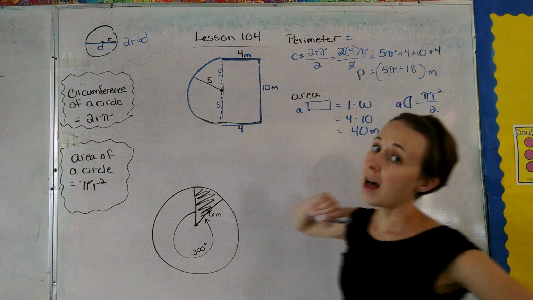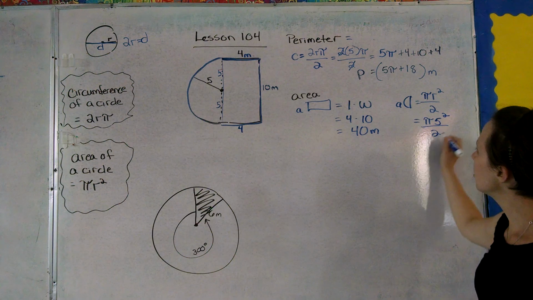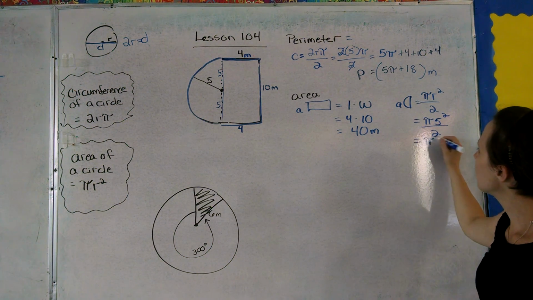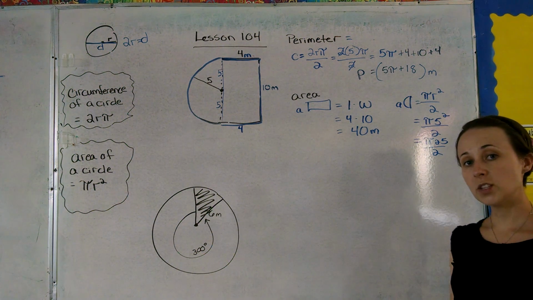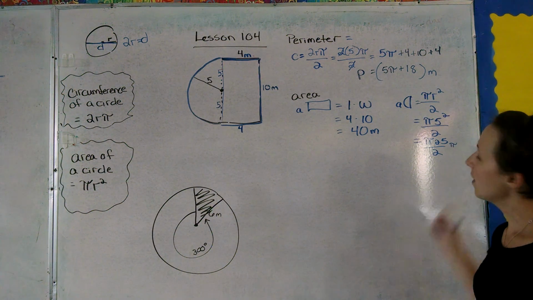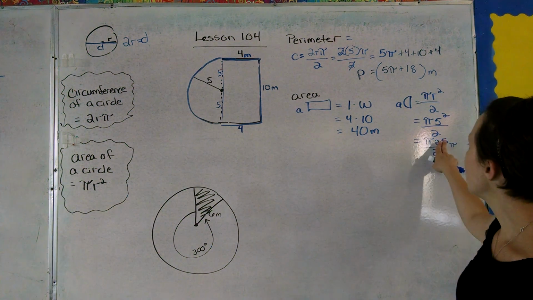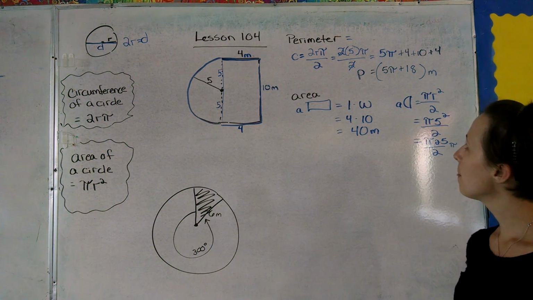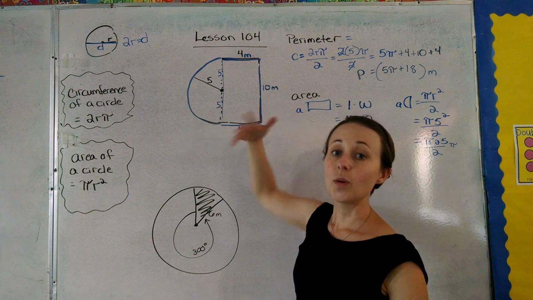My radius is 5, that's my r, divided by 2, which is pi times 5 squared, which is 25, divided by 2. There's not an easy way to reduce it from this point. You would probably leave it this way. If it asks you to use pi as 3.14 or as 22/7, you could then complete the rest of your math. Either way, by finding the fraction of the circle, you were able to solve.